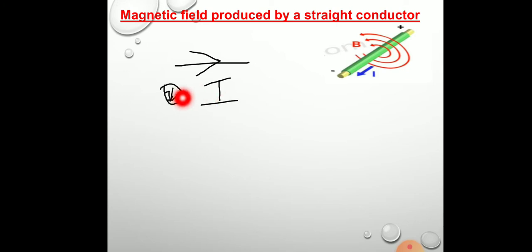So magnetic compass, when brought near the current carrying wire, it showed some deflection. It was found that when the amount of current was varied, what happened? When the amount of current was increased, the deflection also increased, and when the amount of current was decreased, the deflection was decreased.